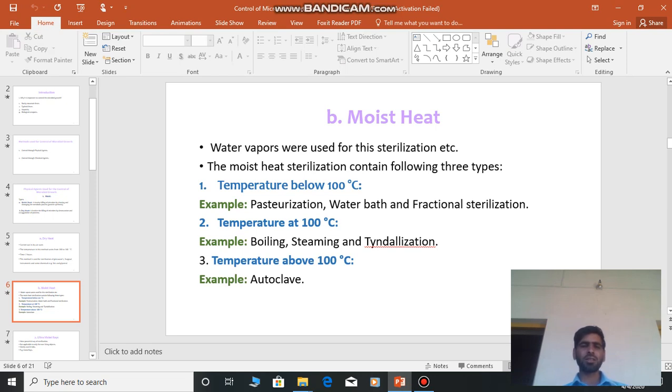Temperature at 100 degrees centigrade is boiling, and the famous process of pasteurization also occurs there. These processes are based on the nature of the substance being sterilized, as most substances denature when we increase the temperature above 100 degrees centigrade. That's why we use these different temperature ranges according to the nature of the instruments or the environment.